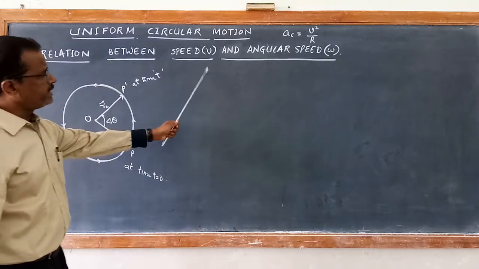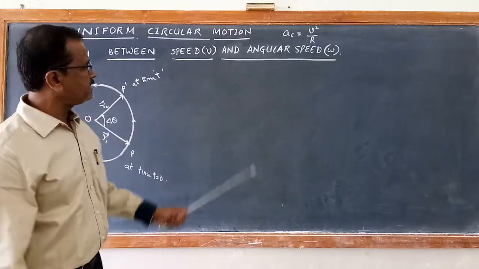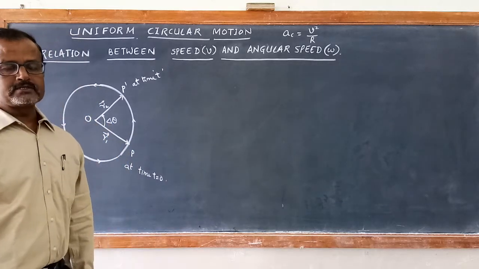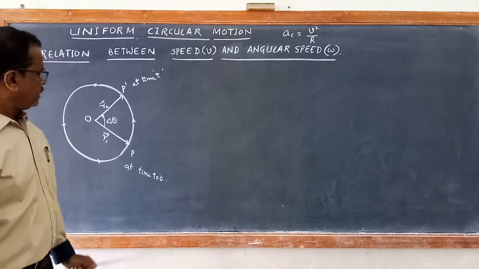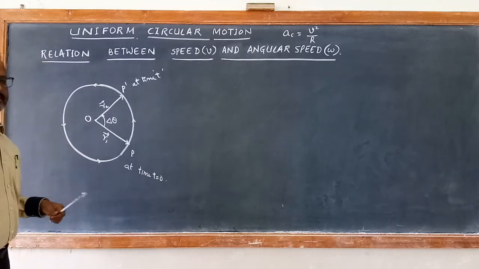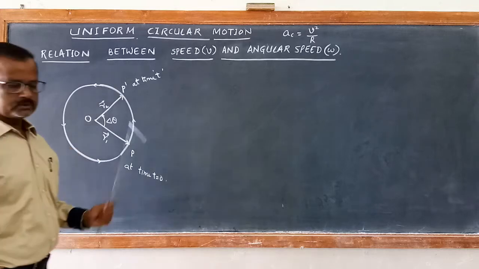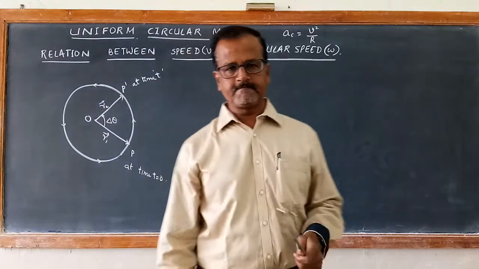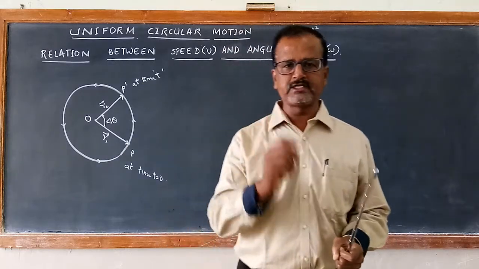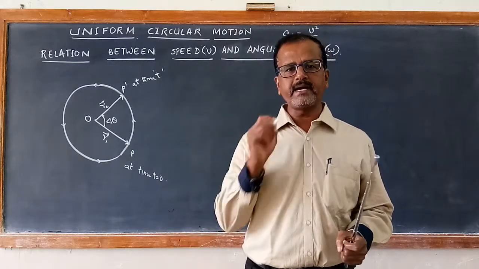Now we are defining a new quantity called angular speed. How is the angular speed defined? Angular speed is defined as angular distance covered by time taken. Just like linear speed for an object moving along a straight path, where we defined speed as distance covered by time taken.